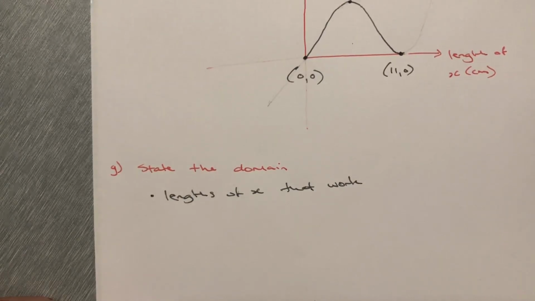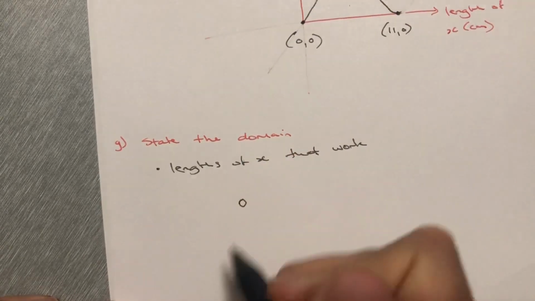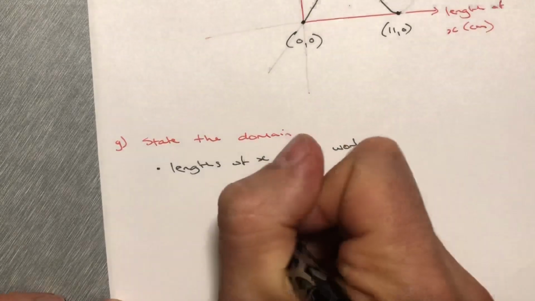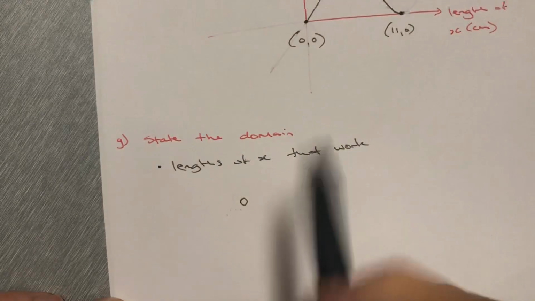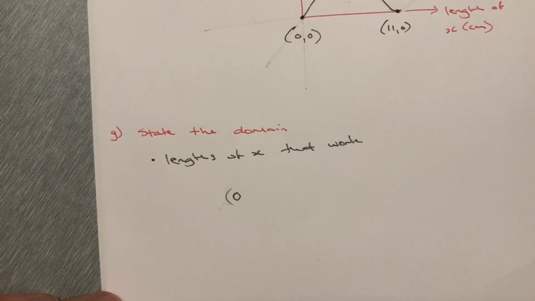Because as I showed you before, that means a flat piece of paper. But we can have it just higher than 0. So if I put 0 as our lower end, we couldn't actually include it. I wouldn't be able to do that. I'd have to make it so the length has to be something larger than 0. 0 is not going to work.